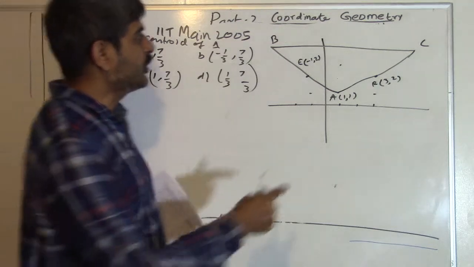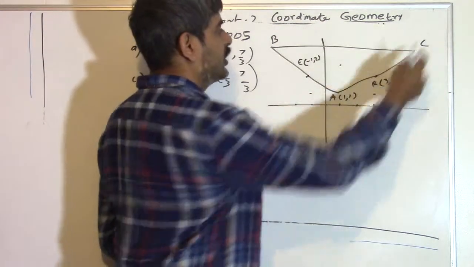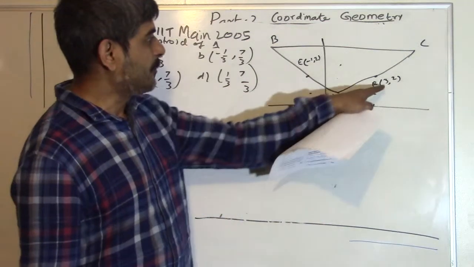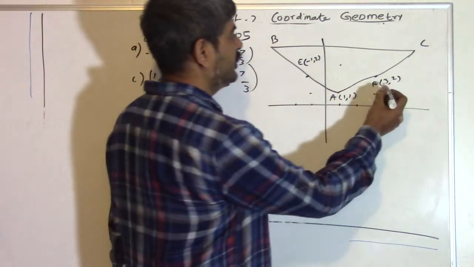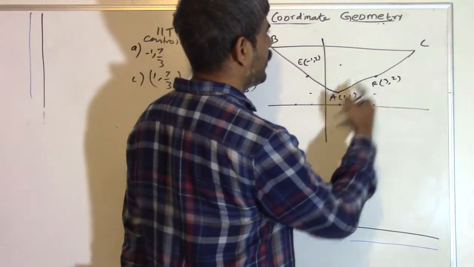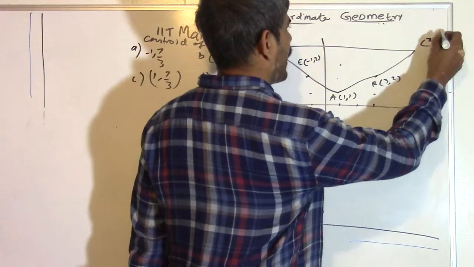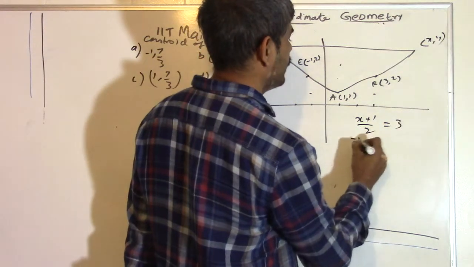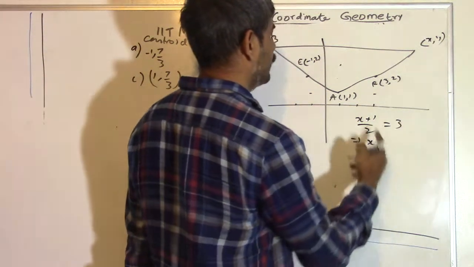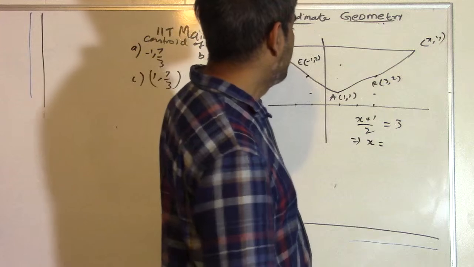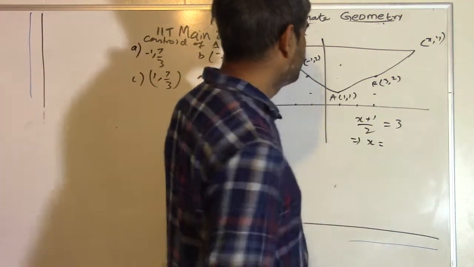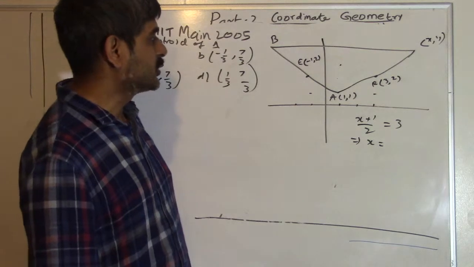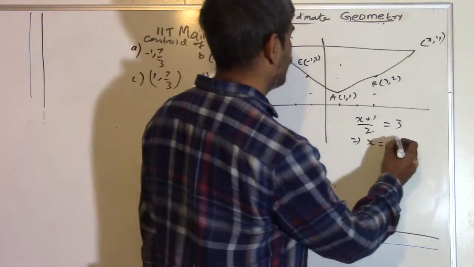So we can find out the coordinates of these points. For example, if the midpoint is 3 and the point is x and y, then x plus 1 divided by 2 will be 3. This implies x will be equal to 2 into 3, 6, minus 1, this is 5.